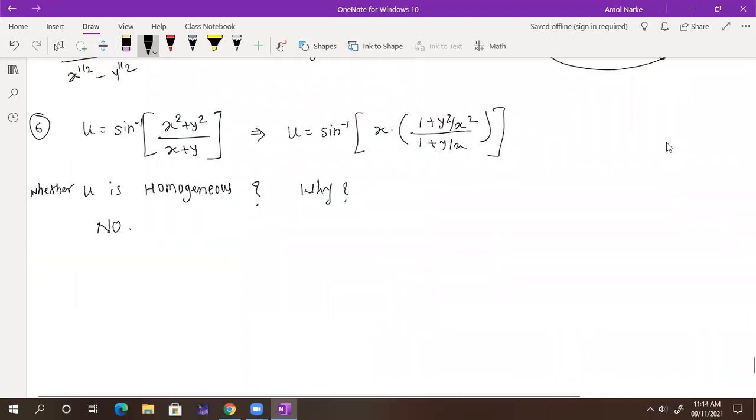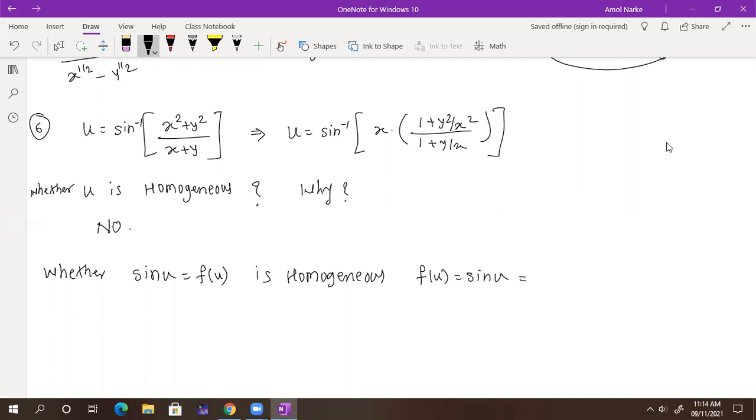Now my next question: whether sine u, my new function, which we call f of u, is homogeneous. Yes, sir. So what is that function? First we write it down. My f of u is nothing but sine u. What is my inverse function?